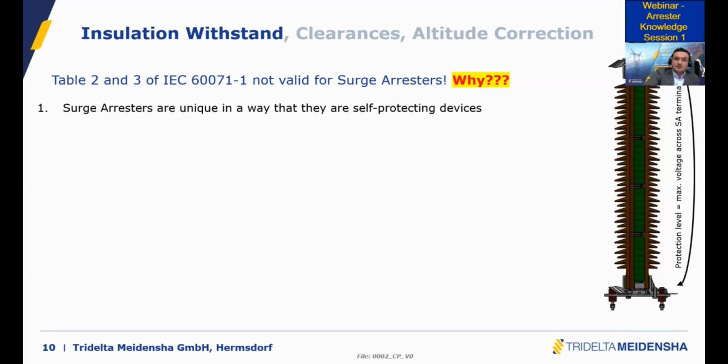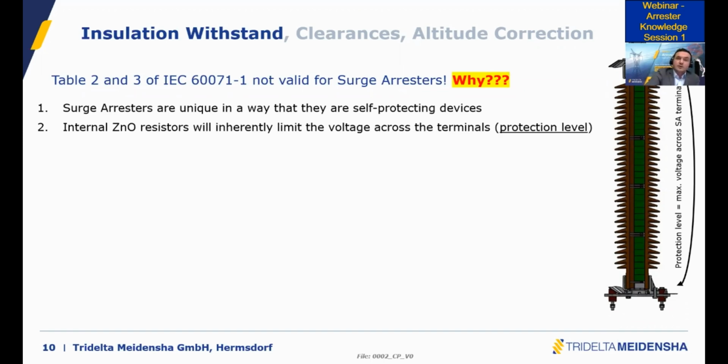Because surge arresters are unique in a way that they are self-protecting devices. As you know, the active parts of surge arresters are called metal oxide varistors or zinc oxide resistors. Those internal resistors have inherent properties to limit the voltage across the terminals, across the arrester.